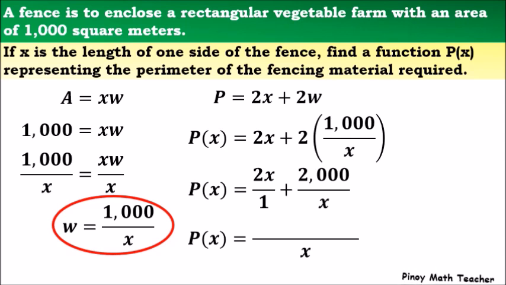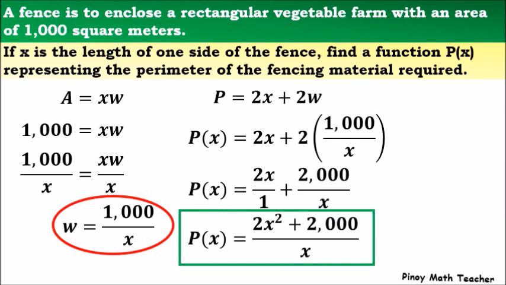So x divided by 1 is x. Now x times 2x, that is 2x squared. Next, x divided by x is 1. So 1 times 2,000 is 2,000. Ito rin ay maaaring gamitin as our function representing the perimeter of the required fencing material.